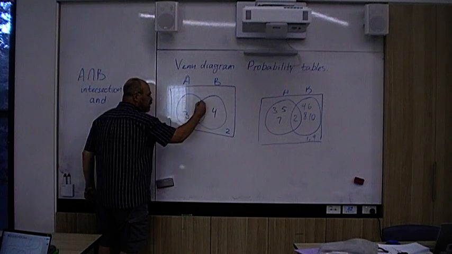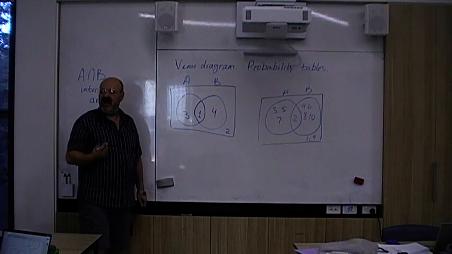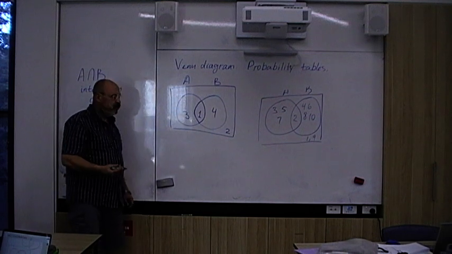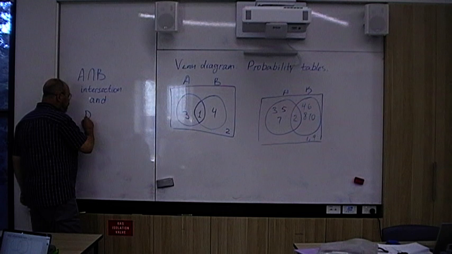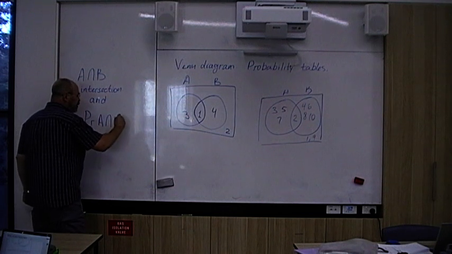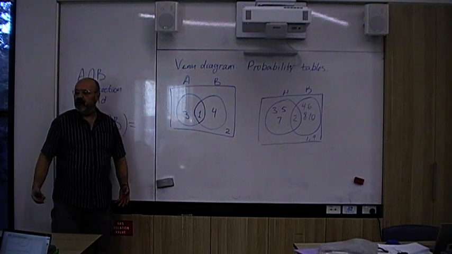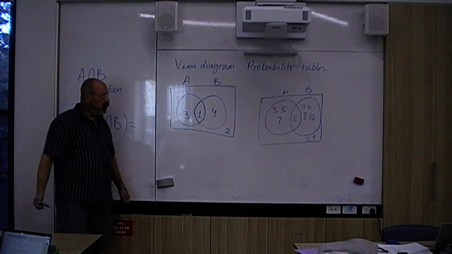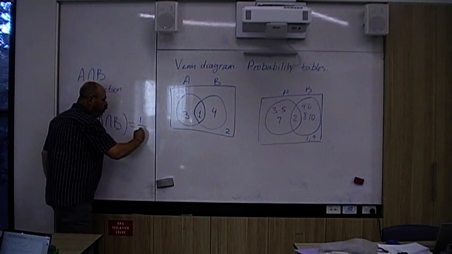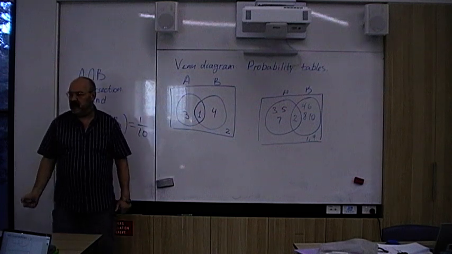This is the intersection, because this is in A and at the same time in B. So what will be the probability of A intersection B? Probability is the number of favorable outcomes over the total. Yes, it's 1/10, because we have one favorable outcome and the total number is 10.